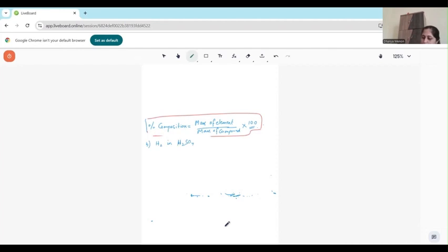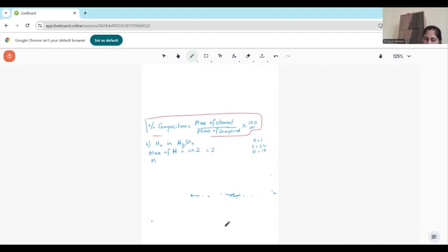Okay, hydrogen is 1, sulfur is 32, oxygen is 16. Okay, अब mass of hydrogen कितना हुआ? Mass of hydrogen, it is 1, but how many hydrogen atoms are there? 2. So, which is equal to 2.